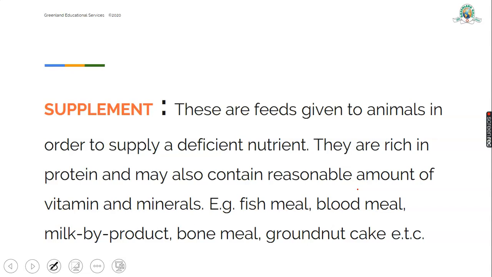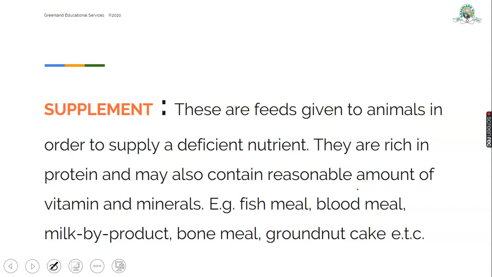We have examples: fish meal, blood meal, milk byproducts, bone meal, groundnut cake. Animals that are having a deficiency in a particular food are given supplements. Any food given to them is what we refer to as supplement food. It could be the animal is having a deficiency in mineral.